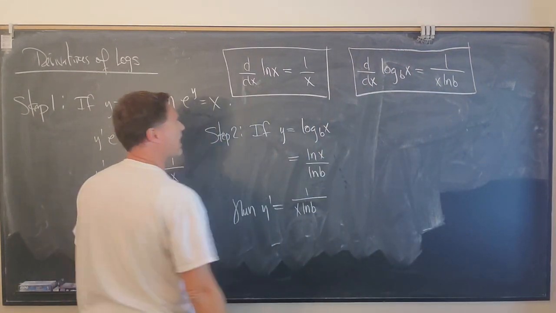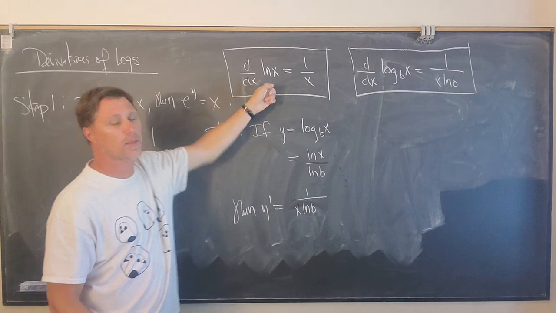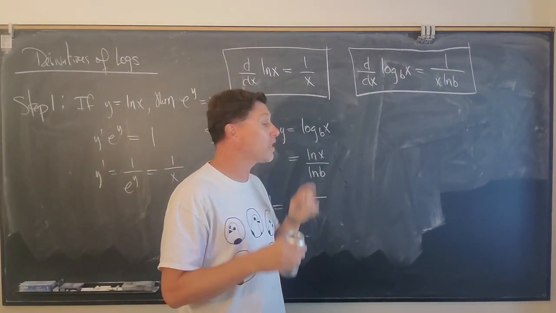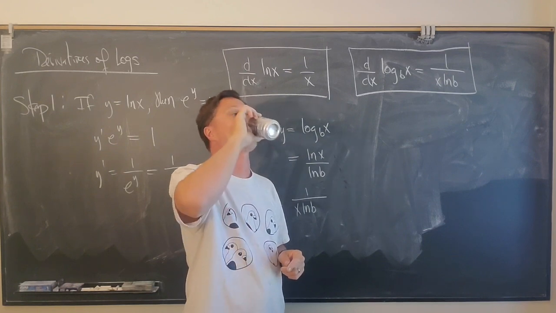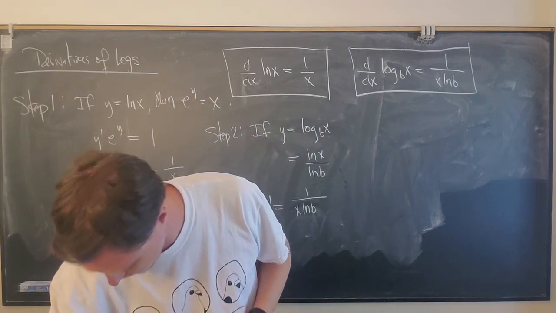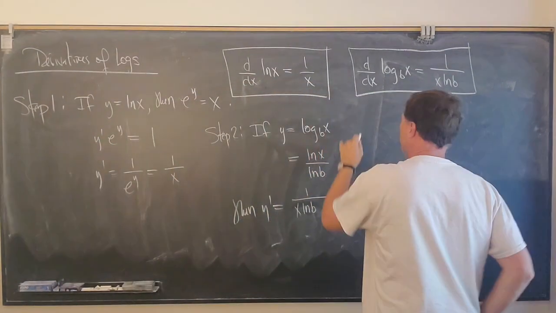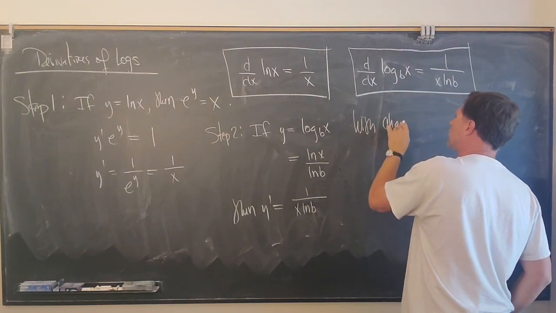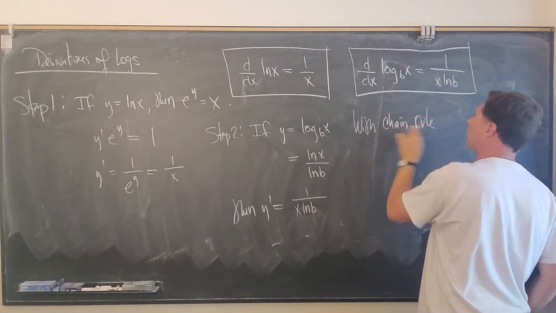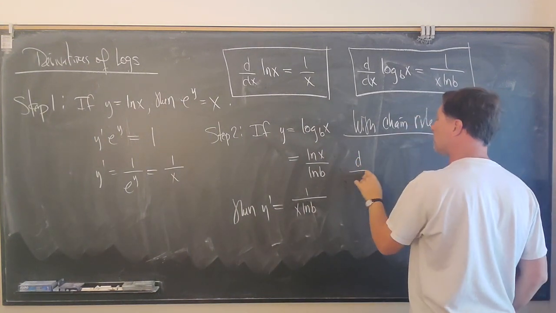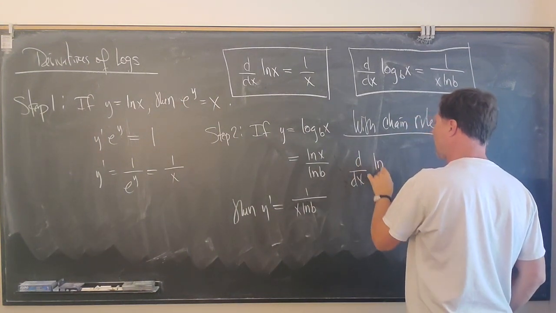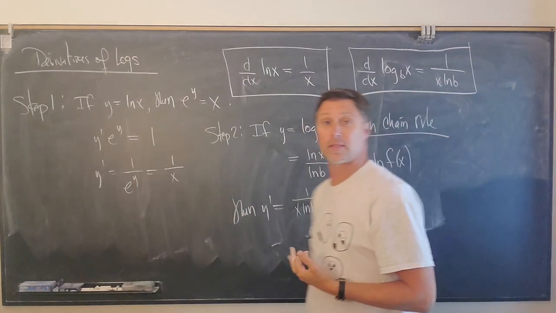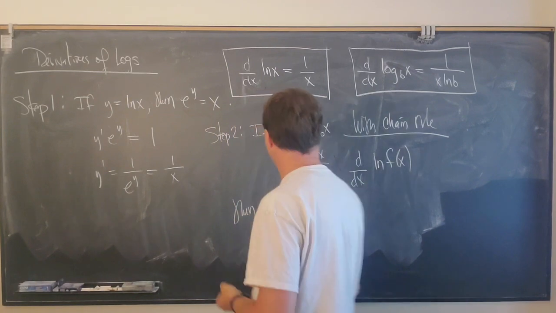On a quiz or a test, you're not going to get a question that says compute the derivative of natural log of x, but you will be asked to use this formula in conjunction with the chain rule. So let's write down the formula with the chain rule. This is the important one. The derivative of natural log of f of x, where f of x is some differentiable function.